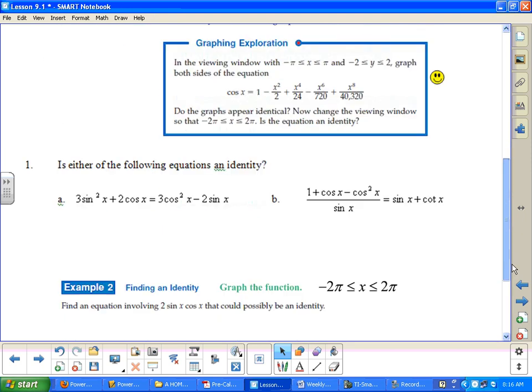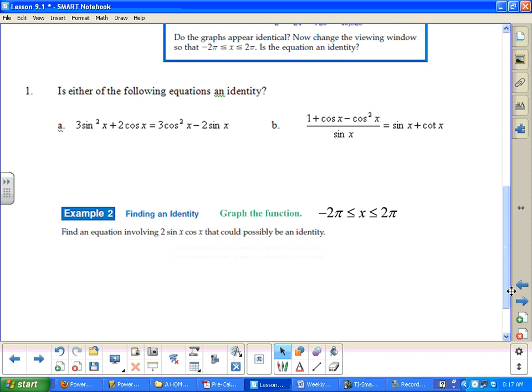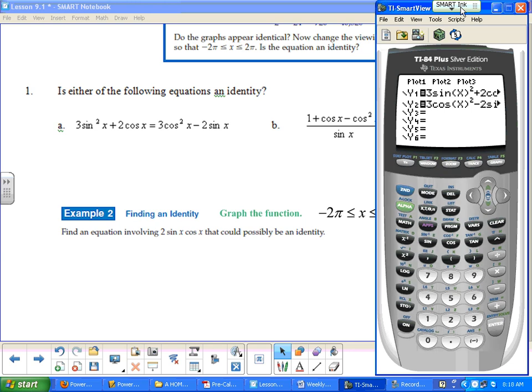All right. So let's go ahead and look at these first two. For number 1 here, it says, is either of the following equations an identity? This is something we've done already, so it's nothing new. Let's go ahead and graph them and see if you get an identity for them. If we graph these two, I'm going to change this so it follows the path.